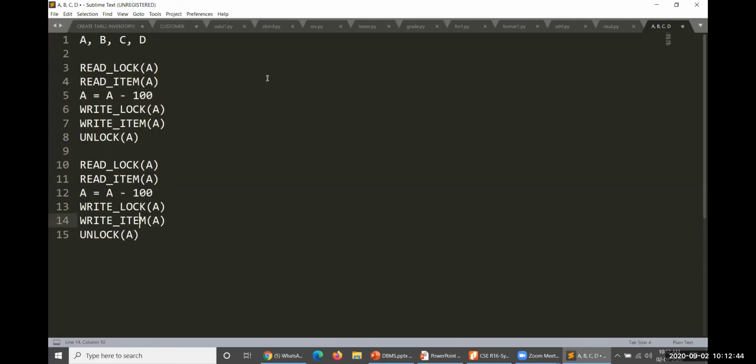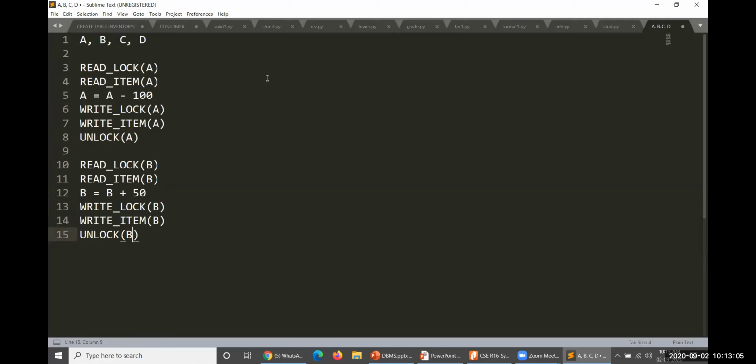And for the second item, you perform a read item B and then write item B. So B will be equal to B plus some value, whatever the operation you could consider here, B plus 50, and write lock B, write item B, and unlock.